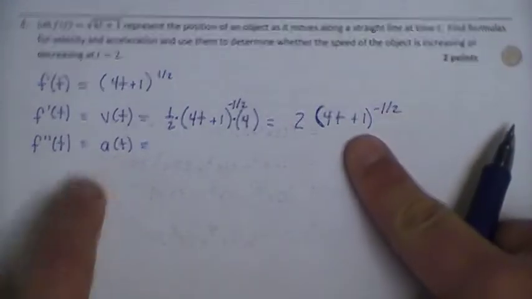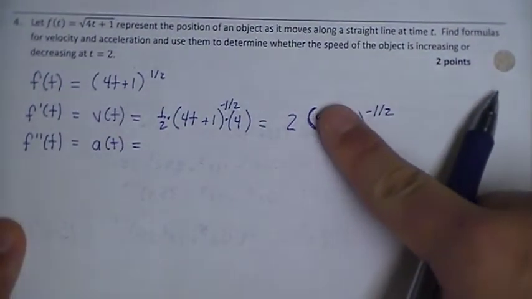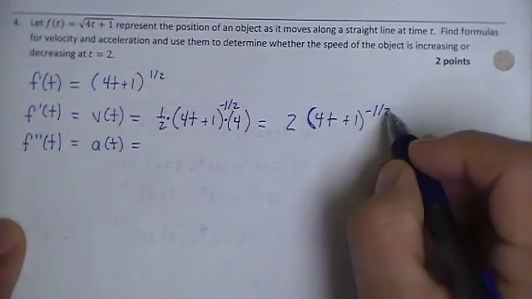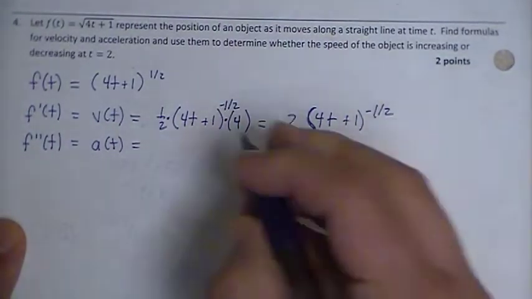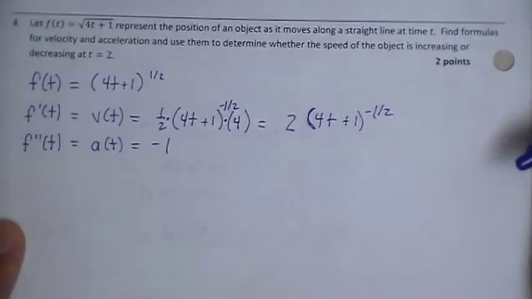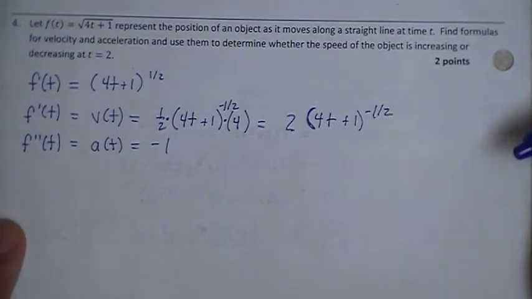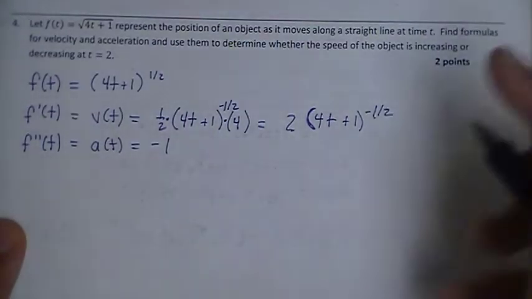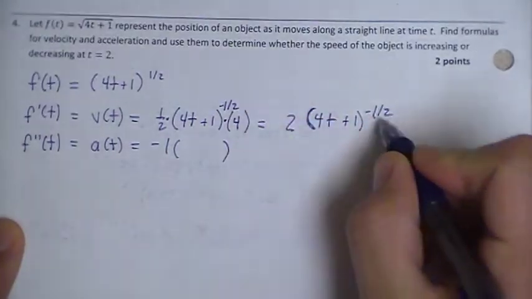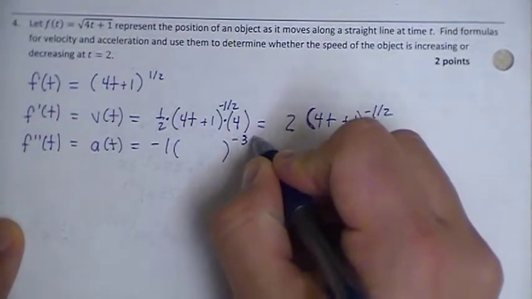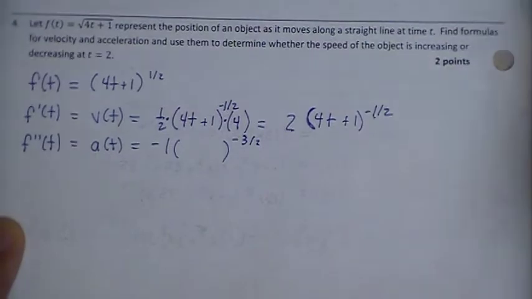So the derivative of this is going to require the chain rule because I have an outer function, 2 times something to the negative 1/2. So I'm going to do the derivative by multiplying this by the exponent, and 2 times negative 1/2 is going to be negative 1. And then I'm going to have to subtract 1 from this exponent. It's going to become a negative 3/2.